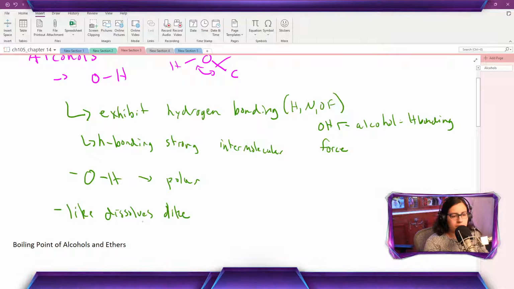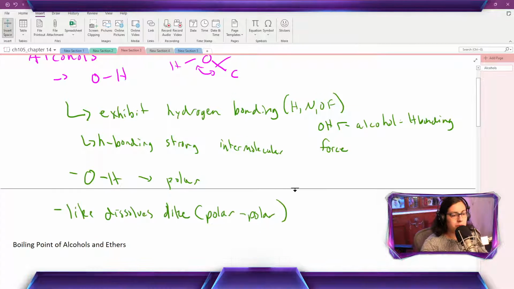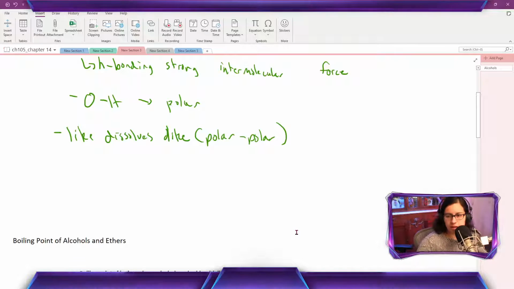That just means that substances have to have similar types of bonding. So hydrogen bonding, something that's polar, will dissolve something else that's polar. In this case, many alcohols are soluble in water. I would take drinking ethanol as your primary example, since it's a mixture of ethanol and water.